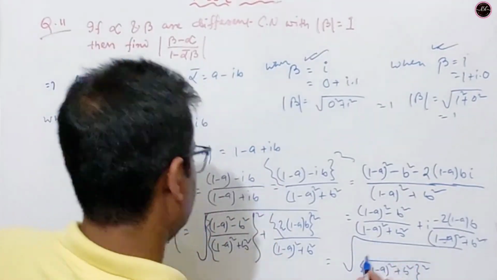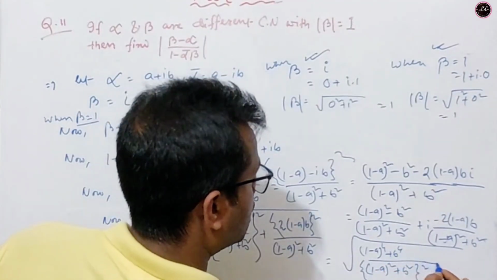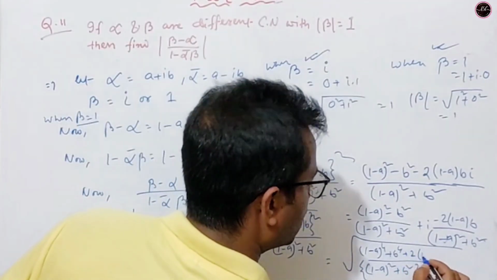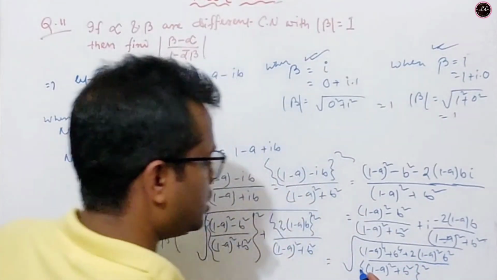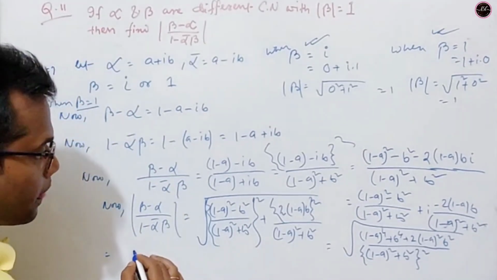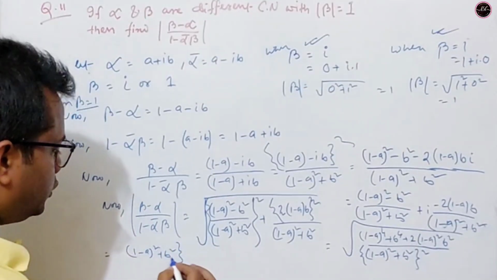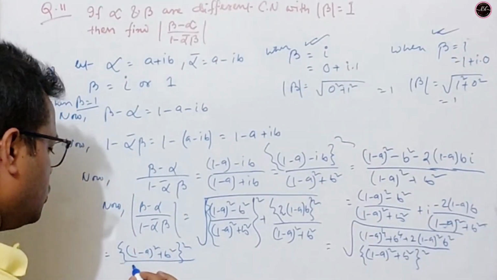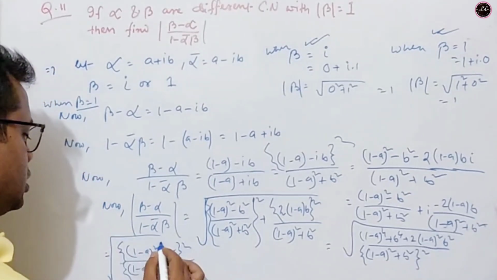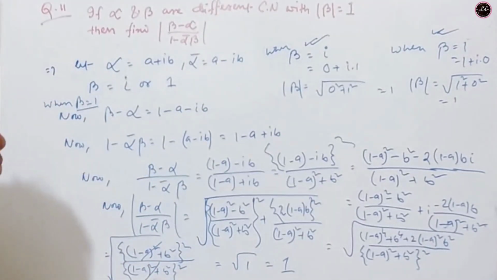Here we will get (1 minus a) to the power 4 plus b to the power 4, minus 2 (1 minus a) square b square, and here plus 4 (1 minus a) square b square, and this is the formula, so we get ((1 minus a) square plus b square) whole square divided by ((1 minus a) whole square plus b square) whole square. These two will be cancelled, therefore root of 1 equal to 1. So the mod of this value will be 1.